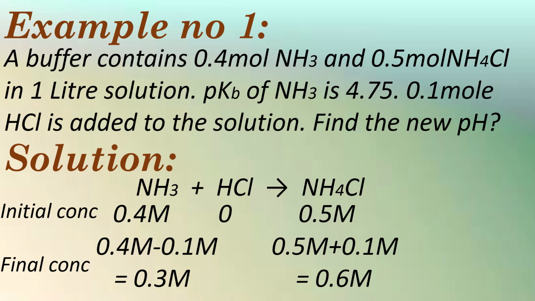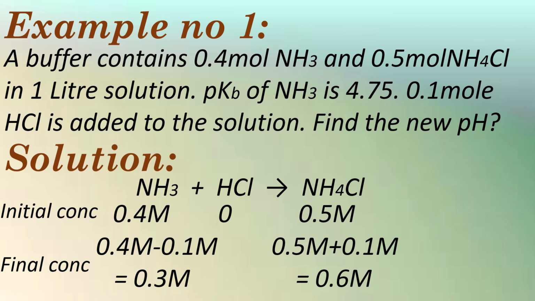Now we will write the equation: ammonia, a weak base, plus we are adding HCl gives us ammonium chloride. Initial concentration of ammonia is 0.4 mole per liter, that is 0.4 molar. Initially hydrochloric acid is not added, so it is 0. Initial concentration of ammonium chloride is 0.5 mole per liter, that is 0.5 molar. Now we have added 0.1 molar HCl.